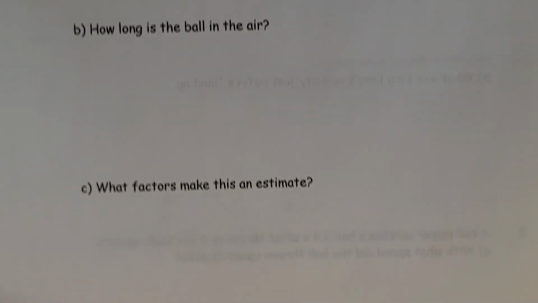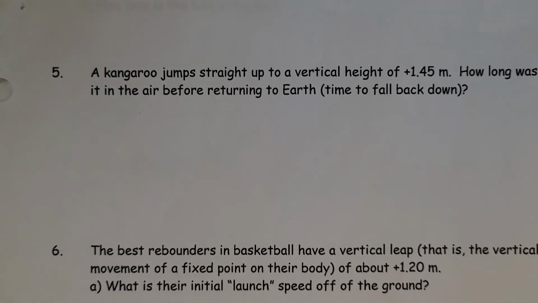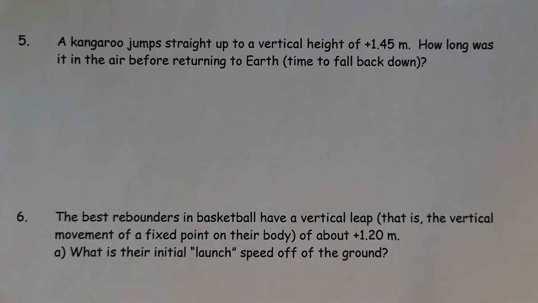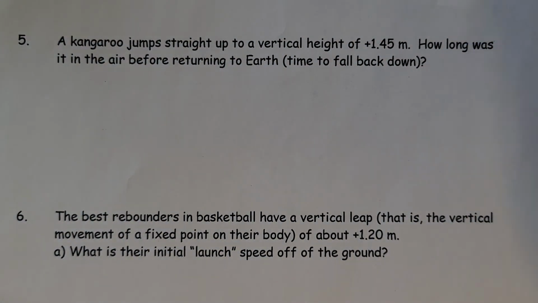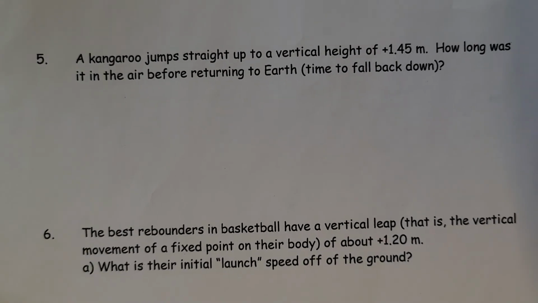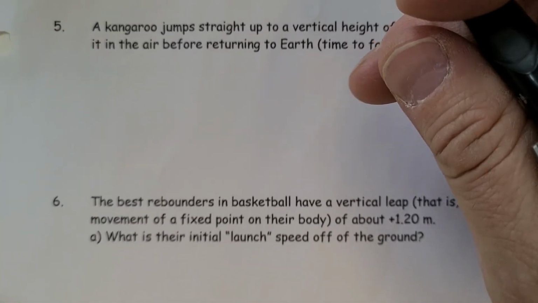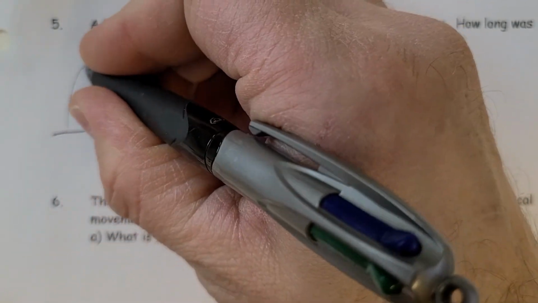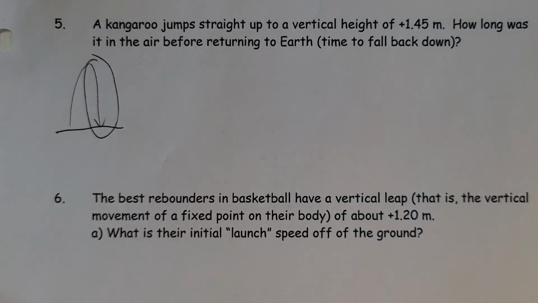It's decent. The kangaroo question, number 5. A kangaroo jumps straight up to a vertical height of 1.45 meters. How long is it in the air before returning back to the earth? So I kind of interpreted this question as being, what is this part? So we're figuring out what is the last part.